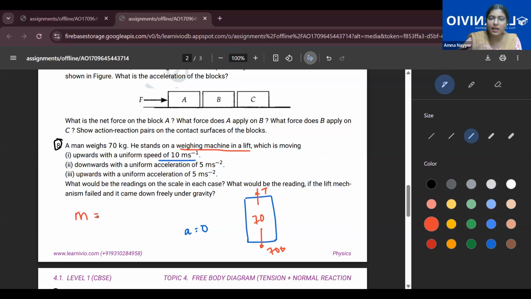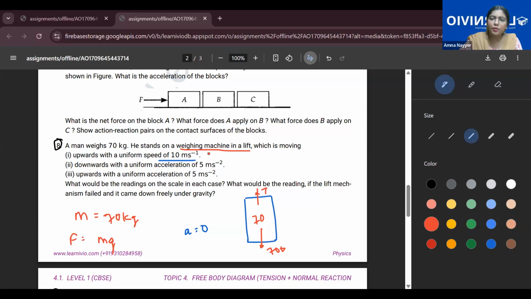Now, if the mass is given as 70 kg and I say force, that becomes m into g. Whenever you have the weighing machine or the spring balance, these give the net forces, the resultant net forces. That's why you're able to calculate. Otherwise, acceleration due to gravity is always acting downwards.